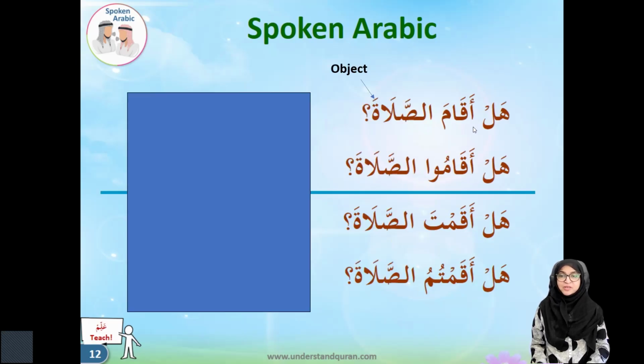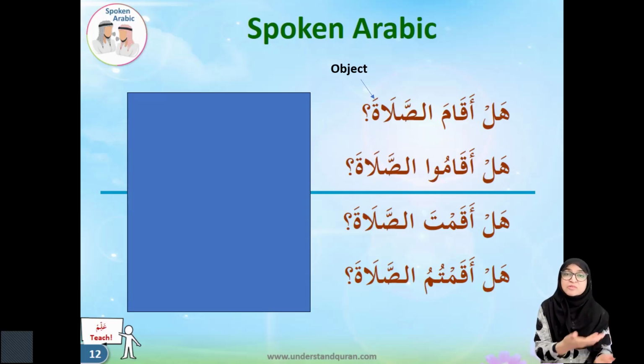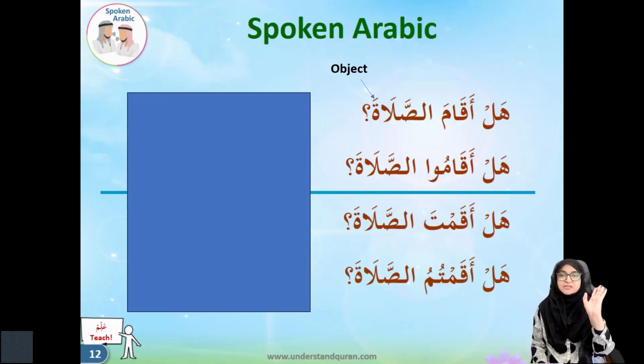The only difference over here is I'm going to add an object. Hal aqama, did he establish what? What's the object? Salah. So I'm going to ask you the same thing by adding salah, and it is as-salata. Whenever there is an object, you always put a fatha on it. So we have added as-salata.